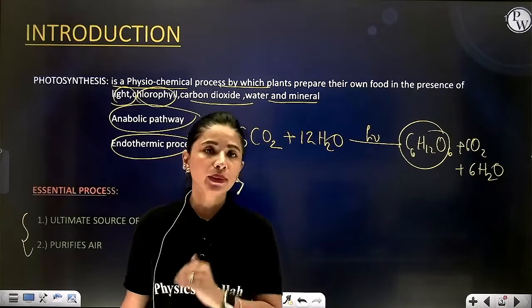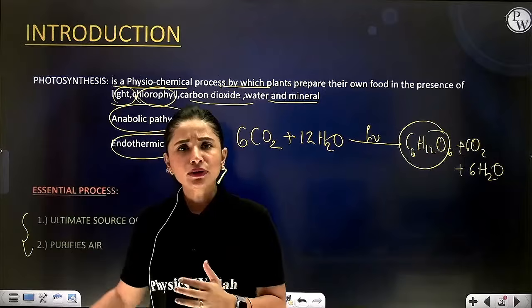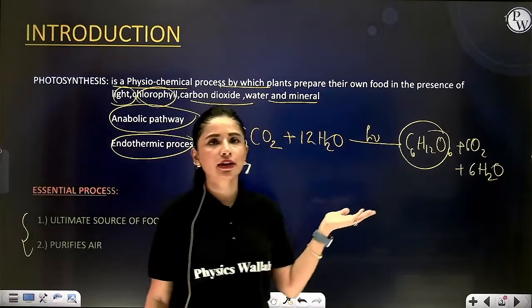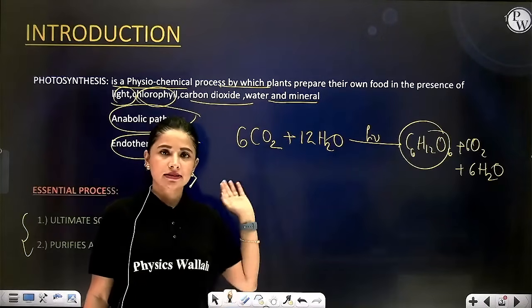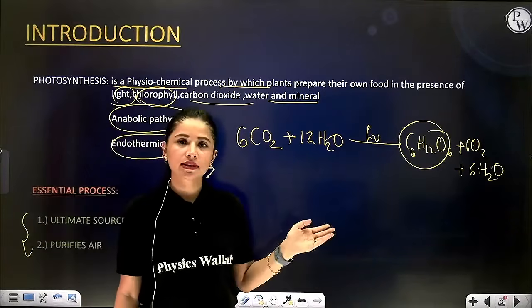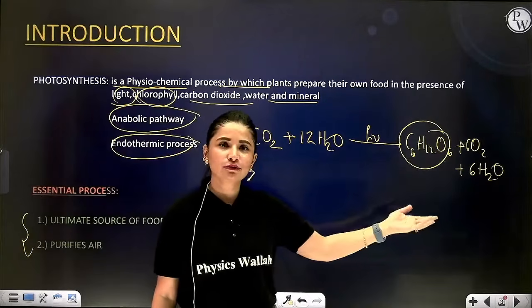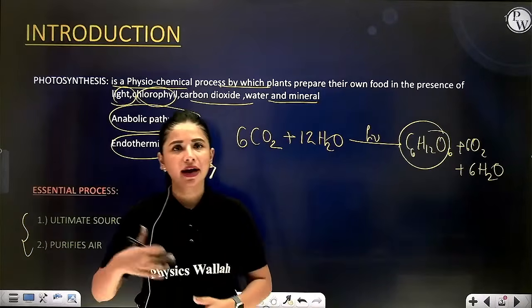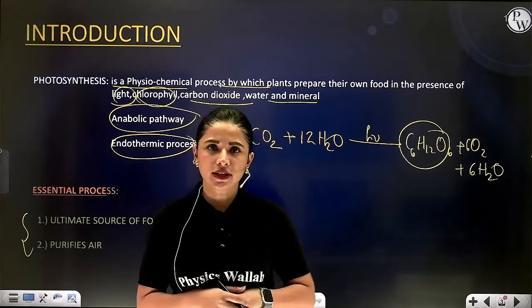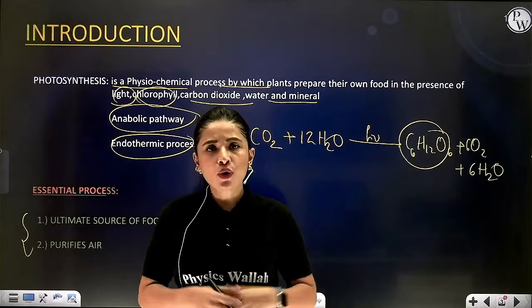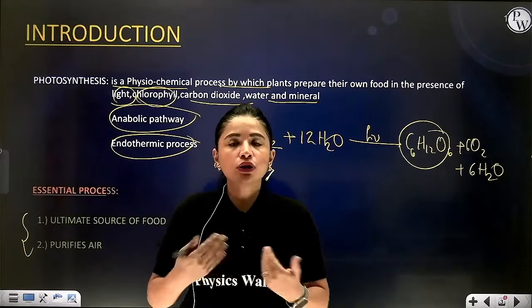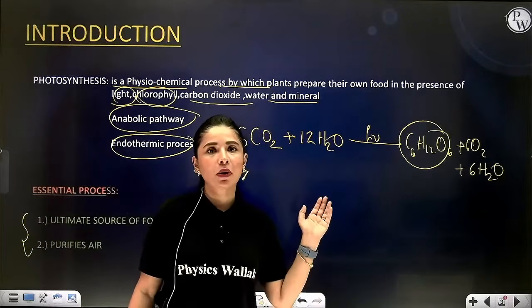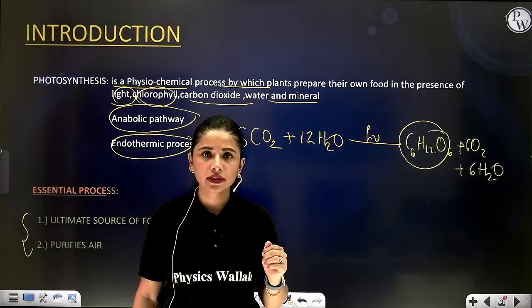Now, moving ahead. You can see that I have written the equation directly, that 6 moles of CO2 combines with 6 moles of water, giving glucose, oxygen, water, etc. And I have already told you that light is required, water is required. The question comes, who told me that these are the things required and this is how the reaction proceeds?